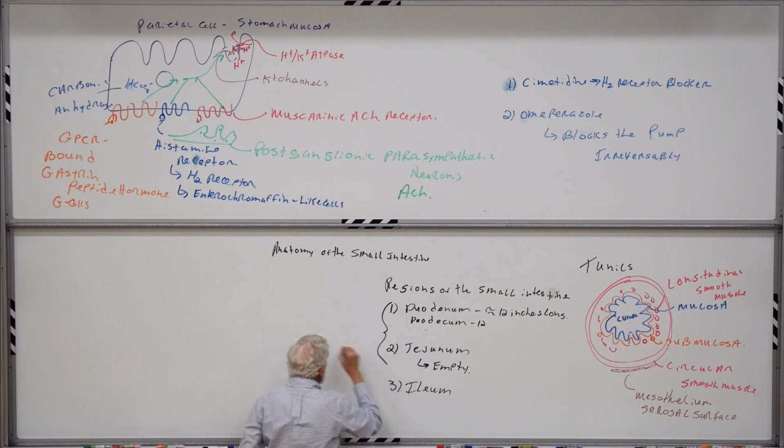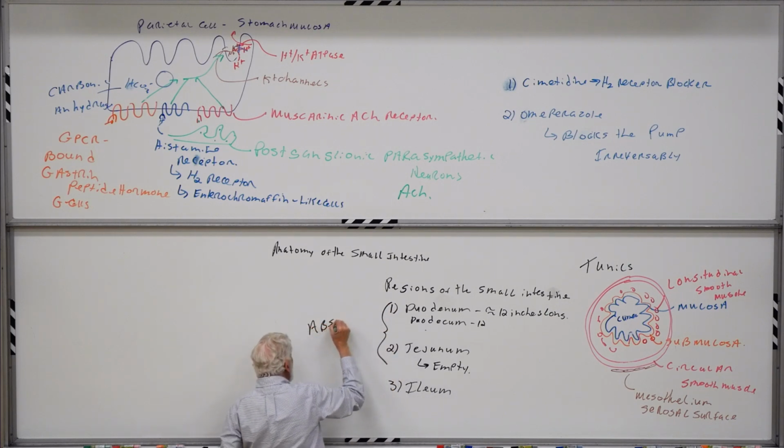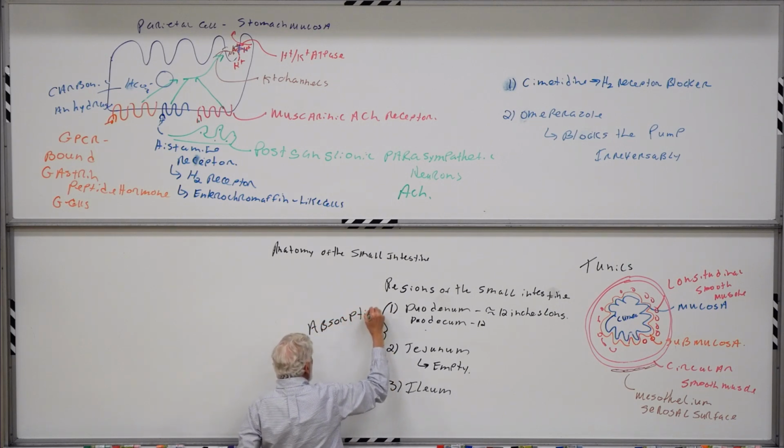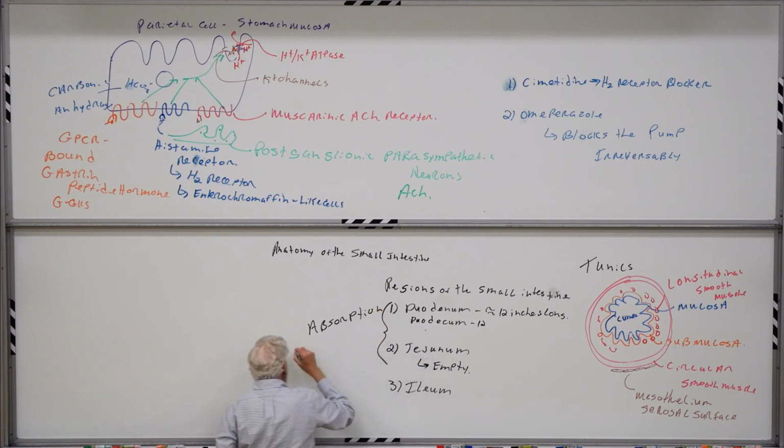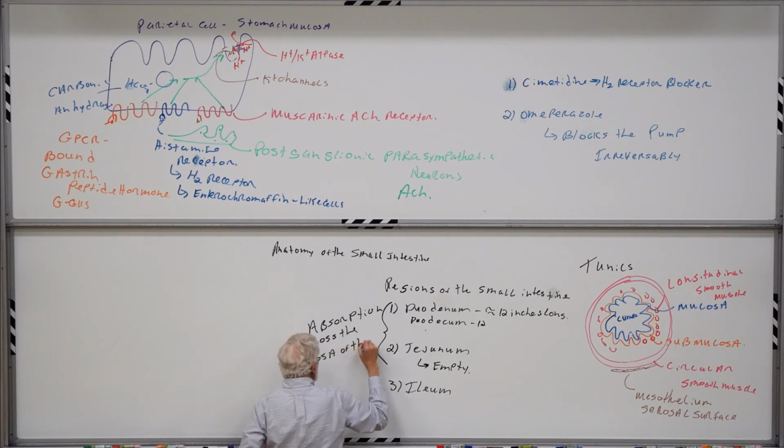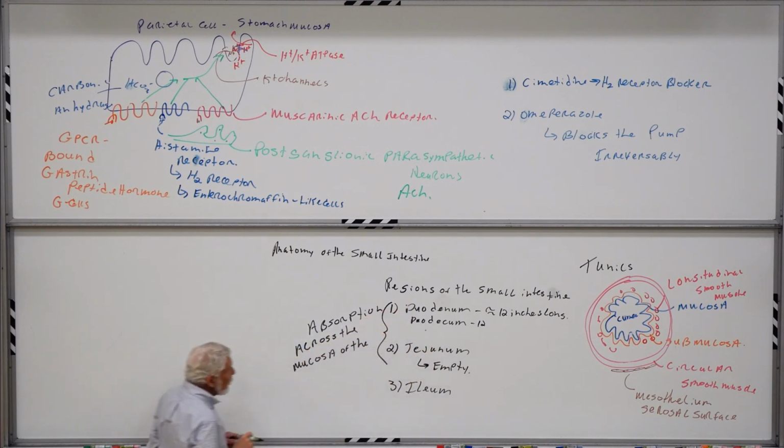Most of the absorption occurs across the mucosa of these two regions, the duodenum and the jejunum.